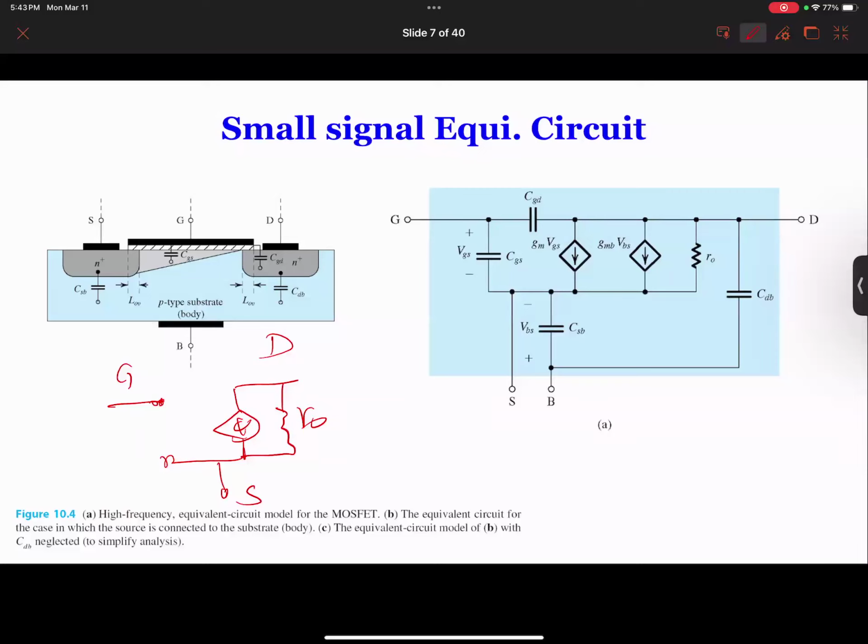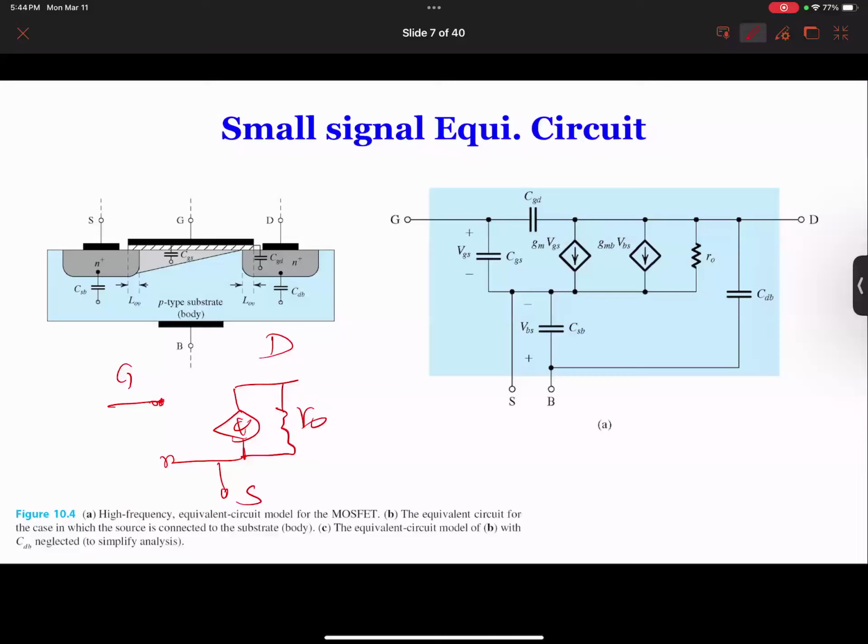But what happened is here, there's another one, gmb times vgs. So this current is induced because of the capacitance effect in a MOSFET. But that current is very small. In fact, most of the time you can actually neglect it.